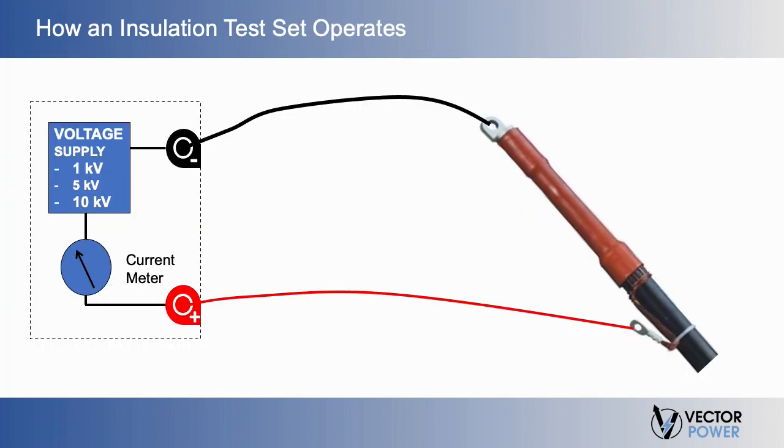An insulation resistance tester is a portable instrument that directly measures insulation resistance in ohms, megohms, gigohms, or even teraohms, regardless of the test voltage selected.